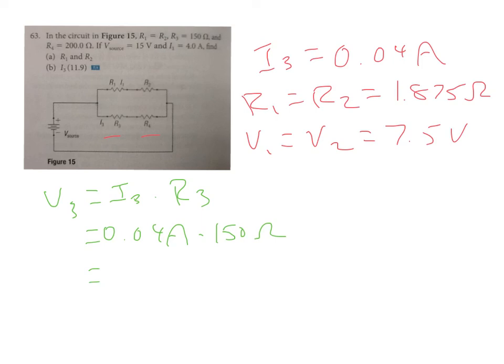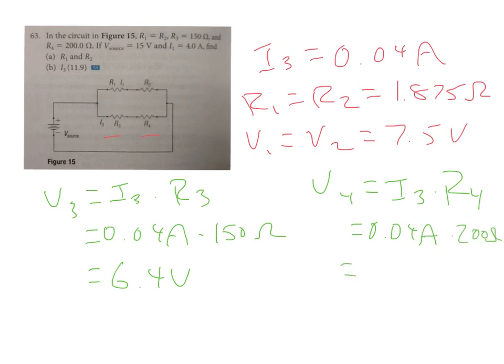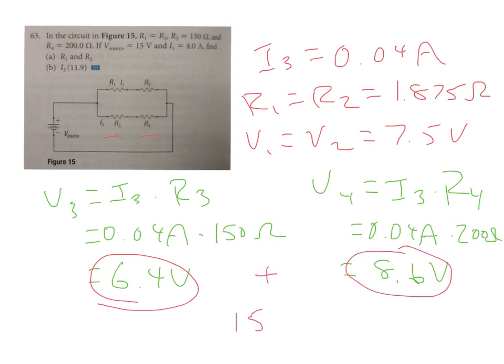That gives us a value of roughly 6.4 volts. For voltage 4 at resistor 4, current times the resistance value, again 0.04 amps times 200 ohms, I get a value of 8.6 volts. And this should make sense. If I add this 6.4 and 8.6 together, I get 15 volts. That's exactly what my voltage needs to be in each branch of a parallel loop because my voltage at the source was 15 volts.